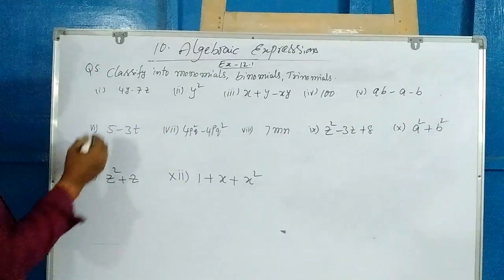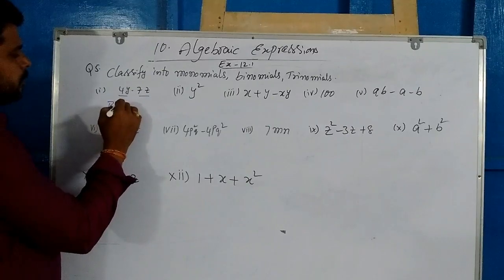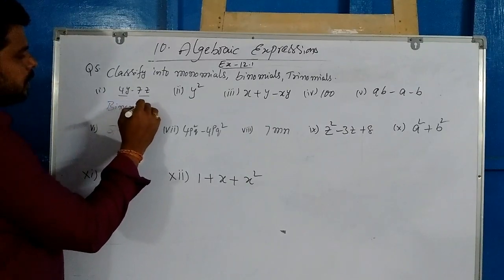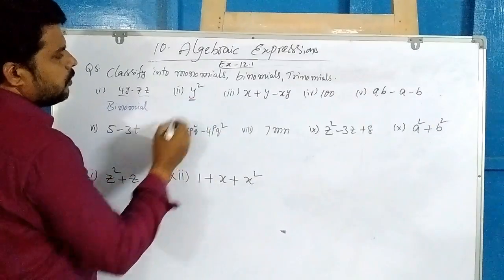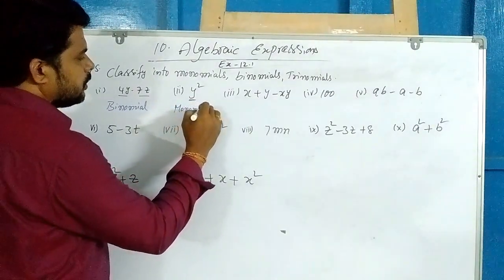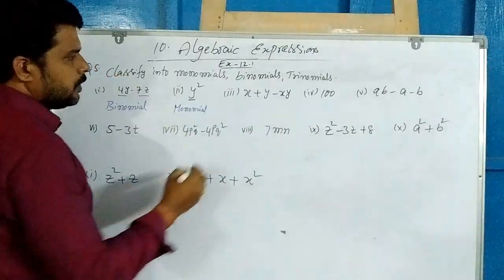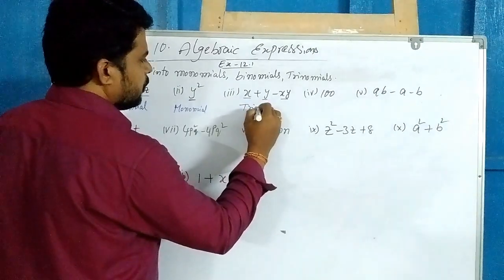Now find out. The first one, we have 2 terms, that means binomial. The second one, we have only one term, that is monomial. Third one, we have 1, 2, 3 terms, that is called trinomial.